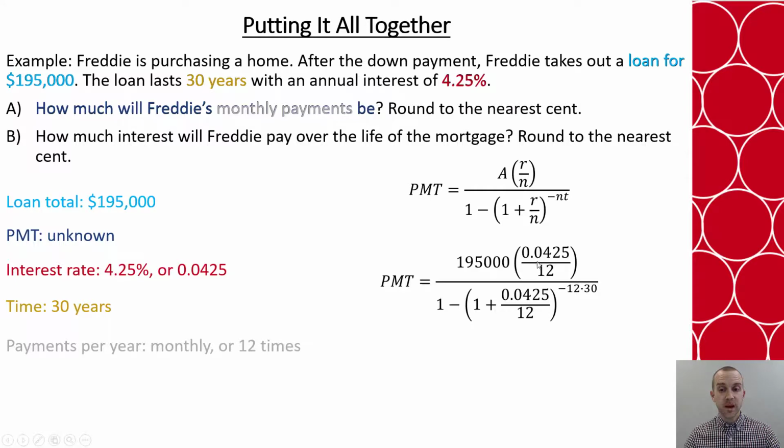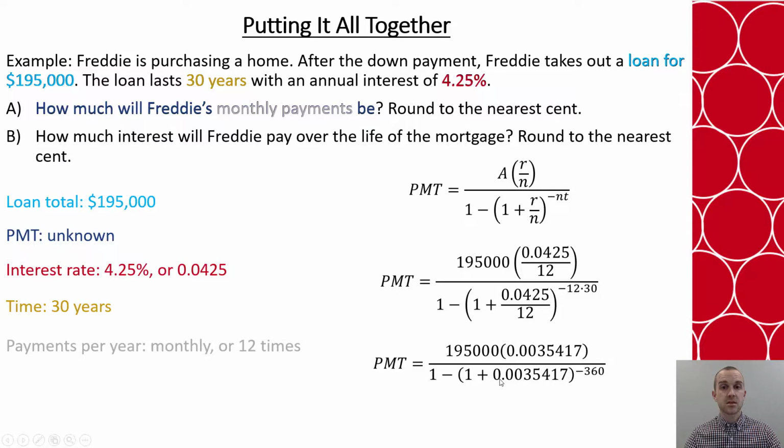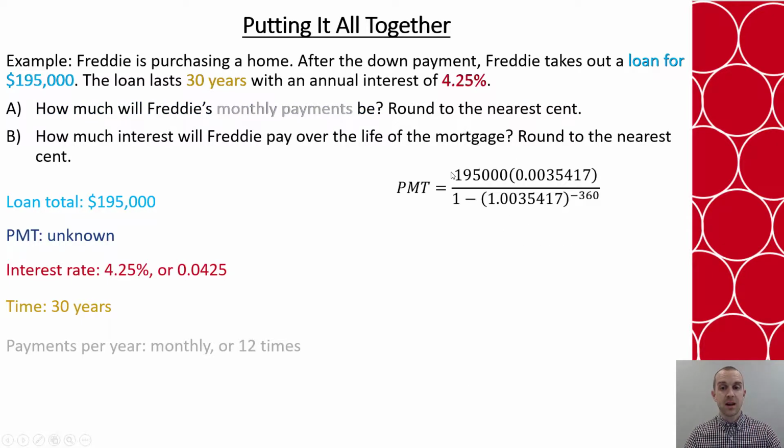Now we start simplifying. I'm going to simplify the 425 10,000ths divided by 12 in both cases. Now I can add the 1 plus that division. Now, like before, I'm going to multiply the two numbers in my numerator, and I'm going to raise this to the negative 360 in my denominator.